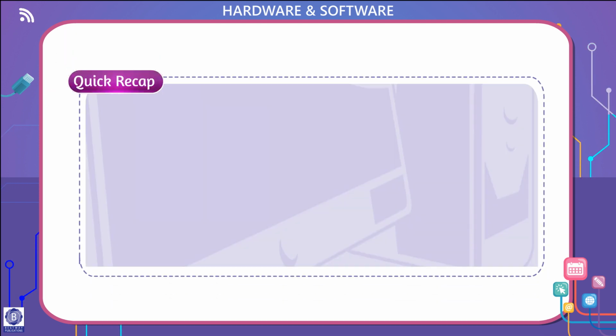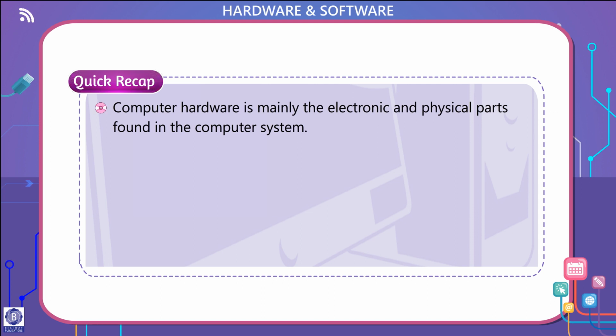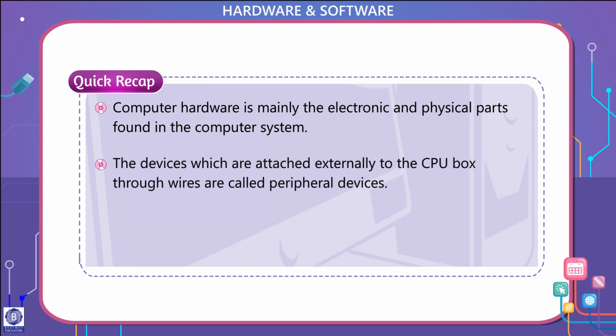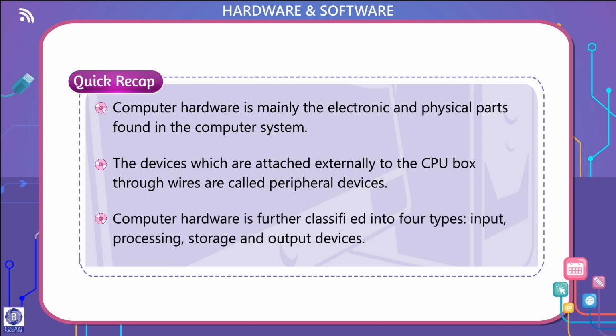Quick recap. Computer hardware is mainly the electronic and physical parts found in the computer system. The devices which are attached externally to the CPU box through wires are called peripheral devices. Computer hardware is further classified into 4 types: input, processing, storage, and output devices.